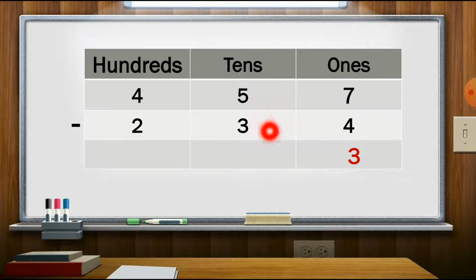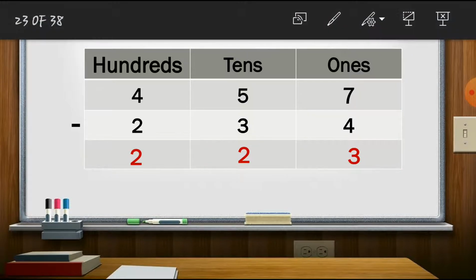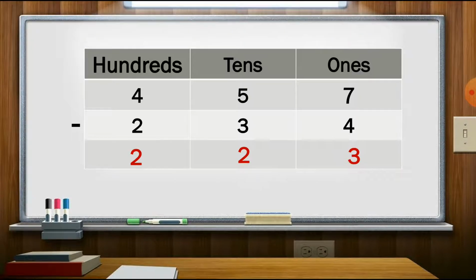If we cut 3 from 5, we get the answer 2 only. Now students, let's move to the hundreds column, which has 4 minus 2. If we cut 2 from 4, we get the answer 2 only. So our final answer is 223.